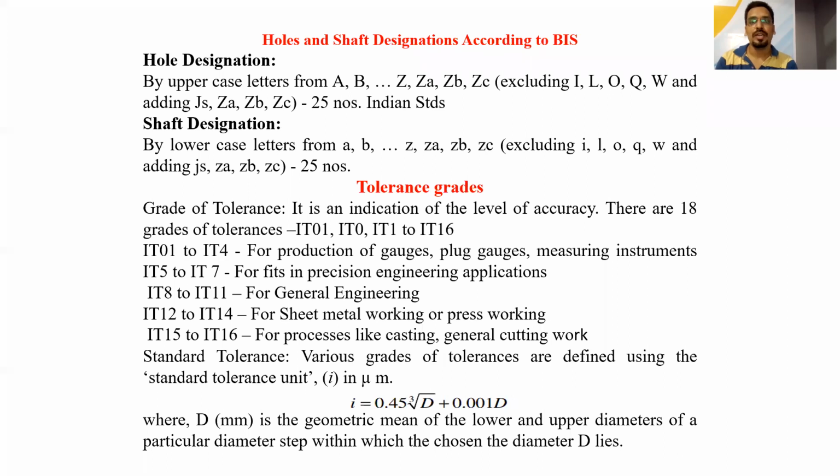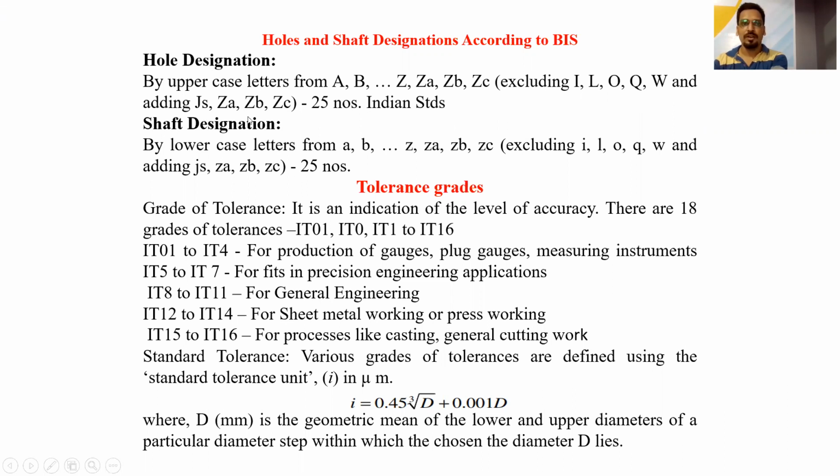So there are 25 Indian standard designations in the case of holes and 25 for shafts. The hole designation is A, B, C up to Z, including ZA, ZB, ZC, and it excludes I, L, O, Q, W. So these are 25 in number.